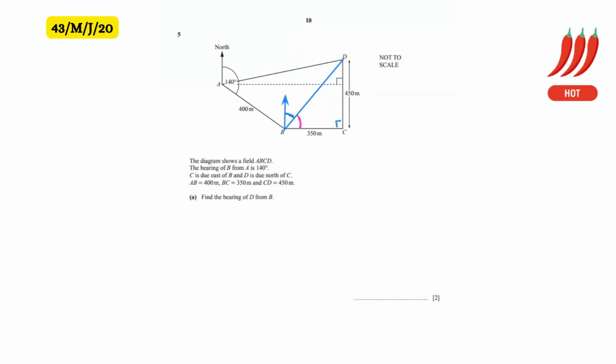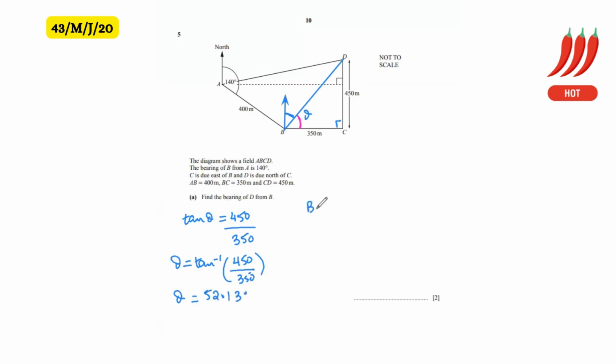So for this angle, we'll use tangent. Tan theta equals opposite, which is 450, divided by the adjacent, which is 350. So theta is tan inverse of 450 divided by 350, and that is going to give us 52.13 degrees.